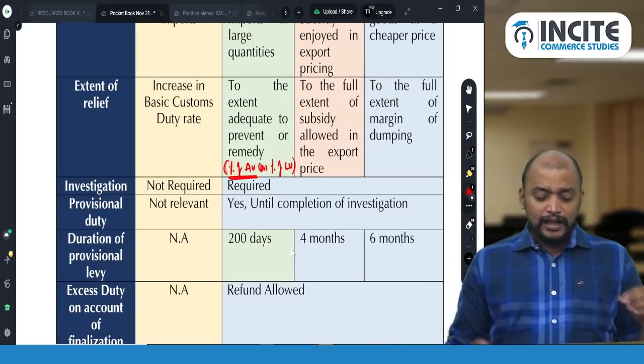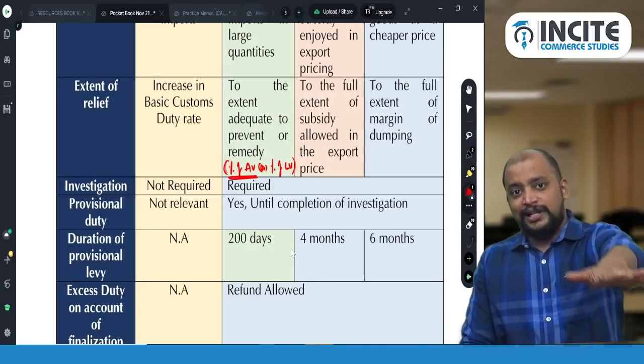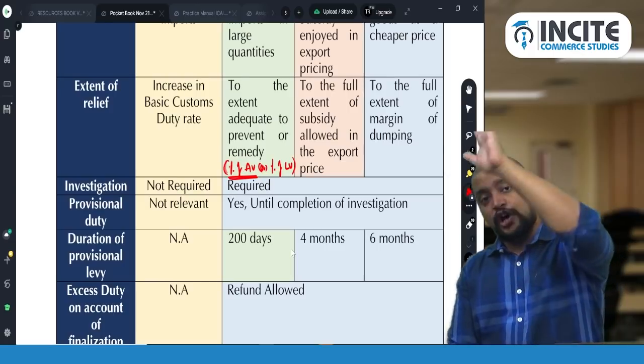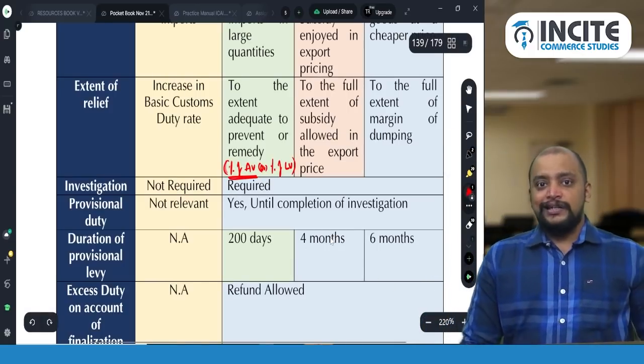Okay, this is in case of safeguard duty. Clearly they will mention in the question itself safeguard duty this much percentage on what. Then anti-subsidy duty.